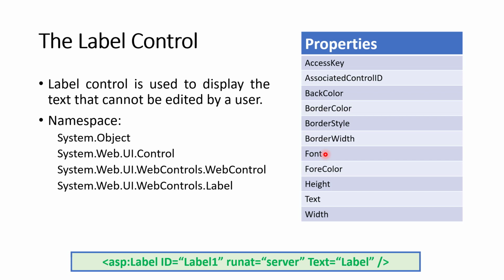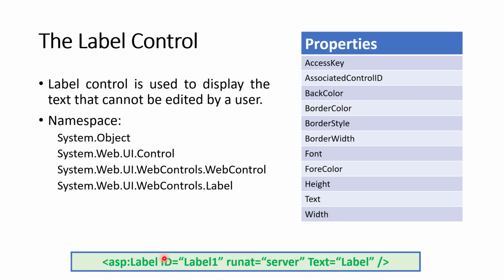It is used to retrieve font property. Next is fore color. It is used to specify the text color or font color. Next is height. It is used to specify the height of the label control. Next is text property. It is used to obtain or set the text to be displayed on label control. And last one is width. It is used to specify the width of the label control.